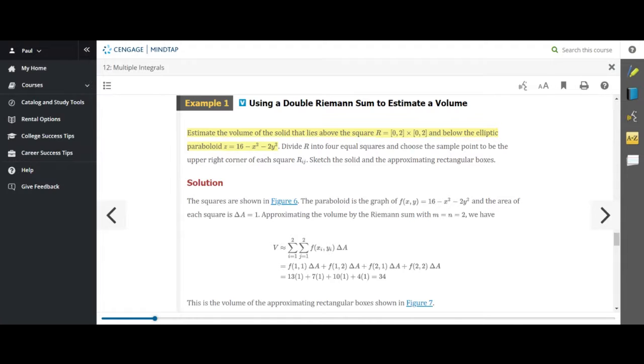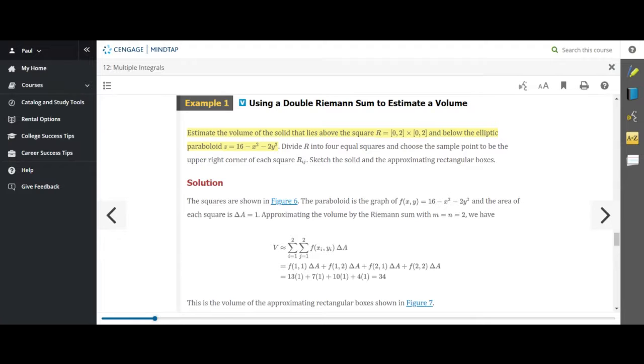In example 1 from section 12.1, they want you to estimate the volume of the solid that lies above that square. That notation means that x goes from 0 to 2 and y goes from 0 to 2. The first two numbers stand for the x values, the second two numbers stand for the y values.